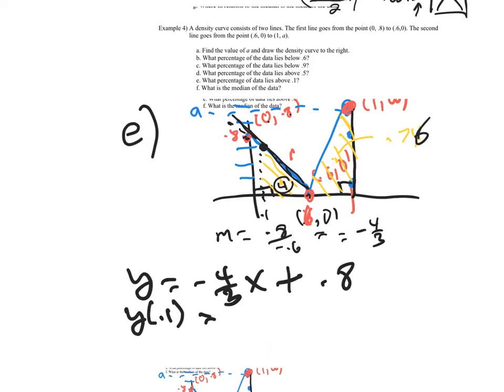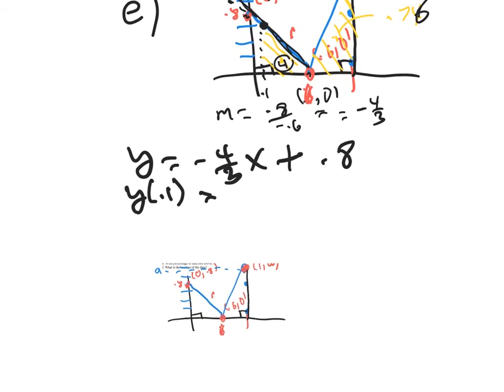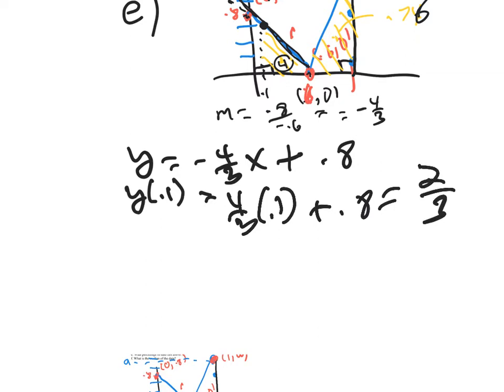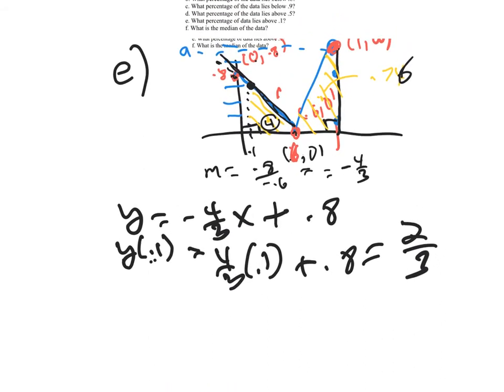So I'll let somebody key that in and tell me what it is. I'm waiting for negative 4/3 times 0.1 plus 0.8 is exactly? Oh, that's awesome. 2/3. It wouldn't be negative anymore? No, you're plugging in the y at 0.1. The height has to be positive.